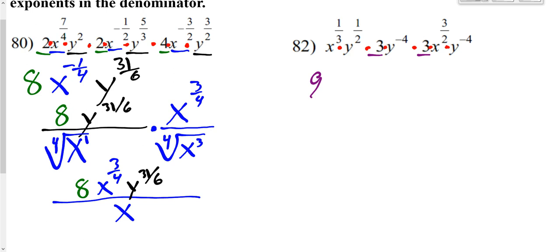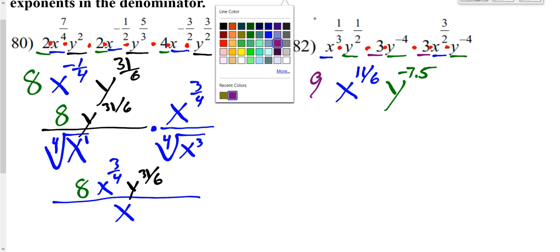And then I'm going to look at my x's and add those exponents together. And that's 11 over 6. And then I'm going to look at my y's and add those exponents together. And that ends up being negative 7.5. Now, if you wanted to write it as negative 15 over 2, you'd be more than welcome to.